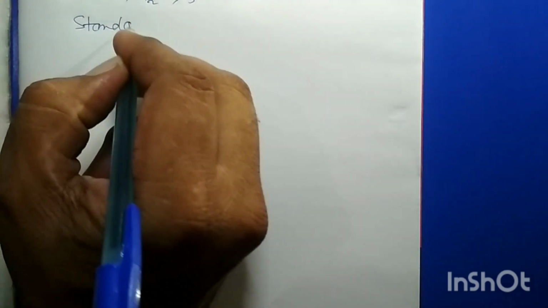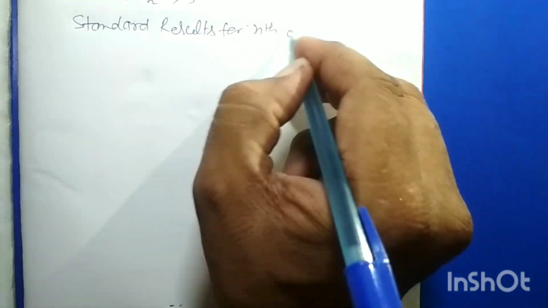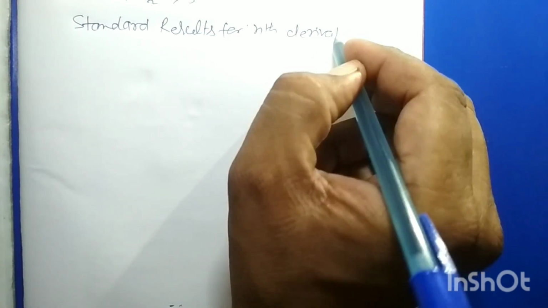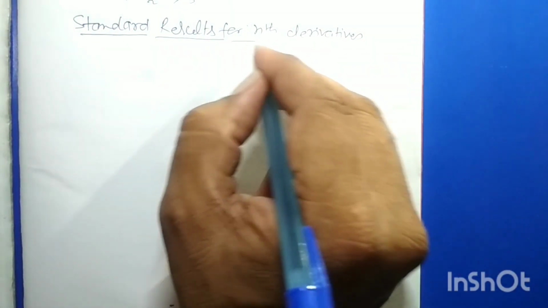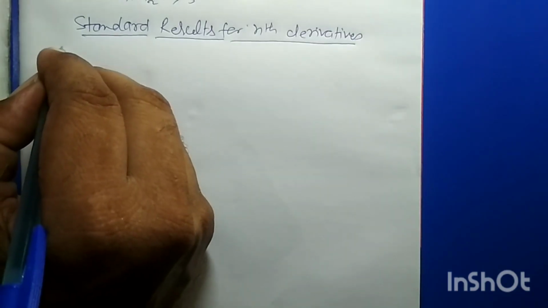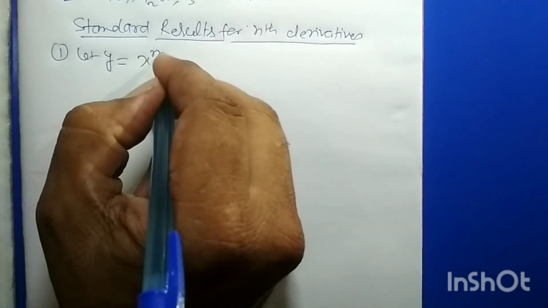Now, standard results for the nth derivative. Let y = x^m.